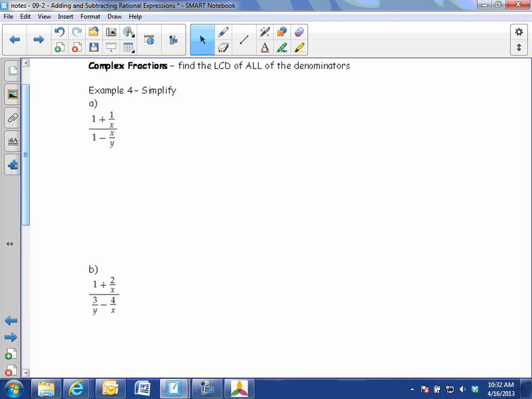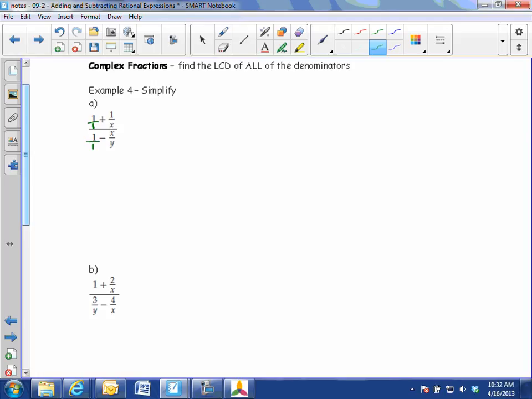Okay, let's look at this one. Notice we've got complex fractions, just like we talked about yesterday when we had a fraction within a fraction and we rewrote it. Same idea here. In order to simplify these, there's a trick to it. We're going to find the least common denominator of all the denominators, meaning I would make these into fractions as well.